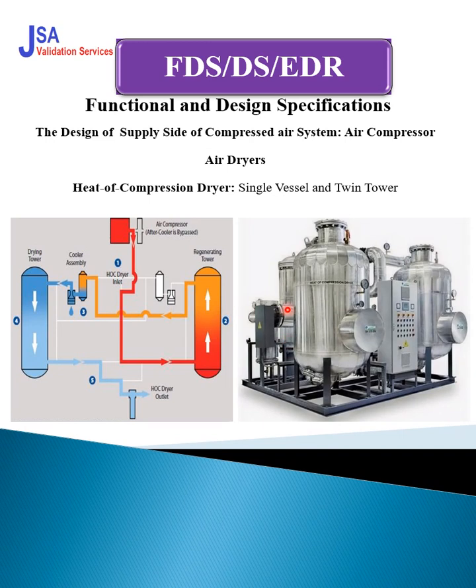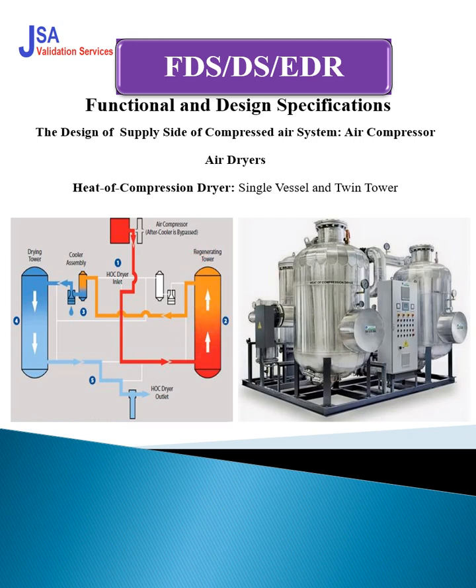Then come to the heating side. The heat of compression dryer is a single vessel or twin tower that uses high energy for heating of the compressed air. First they will heat up the air to dry the moisture, or remove the moisture, from the compressed air.